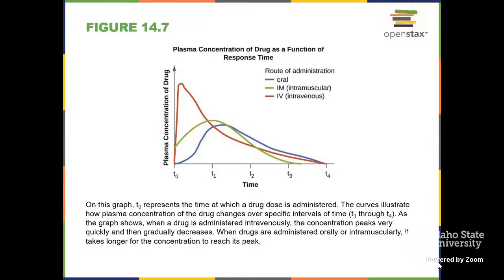So we can see over the course of time, and this could be days or whatever it is, the different administration routes. The intravenous route is the quickest to get the level of antibiotic into your blood so it can course through your body.